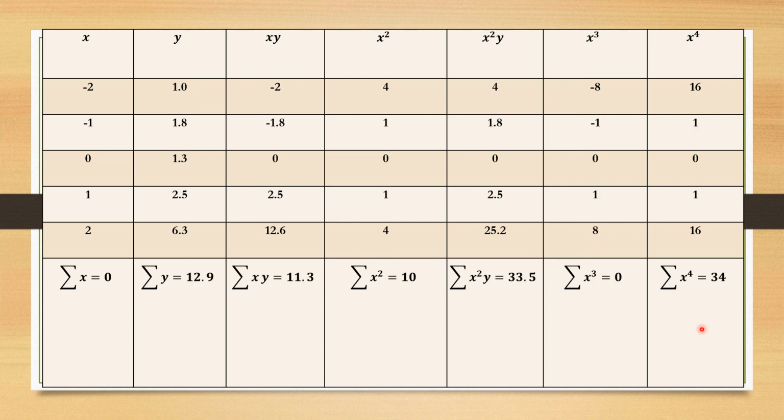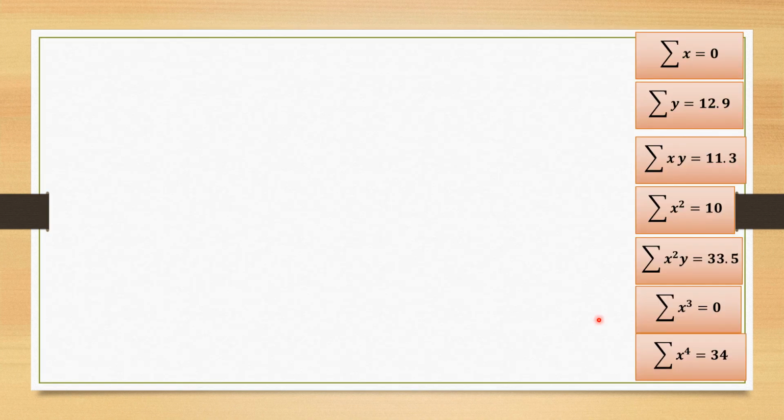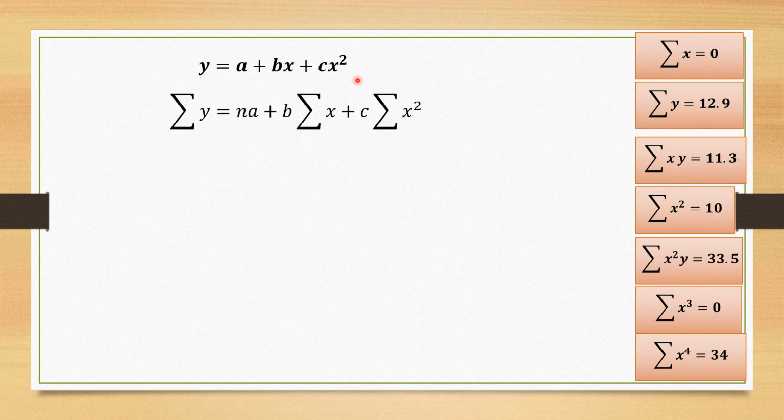Substituting all these values in the normal equations. First we have to write the 3 normal equations from this equation of a parabola. Taking summation on both the sides, we get summation y is n into a plus b into summation x plus c into summation x square.